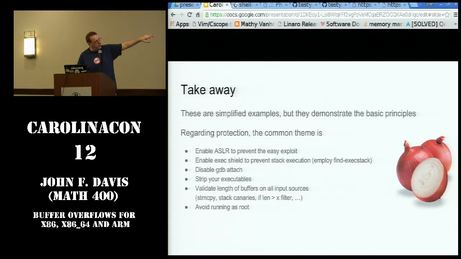The very first one, I was doing a GDB attach, running the program and then attaching GDB to it. You can disable that. In some of the stuff after this, I'll show you how to strip your executables of stab strings and symbols, so you won't see main.